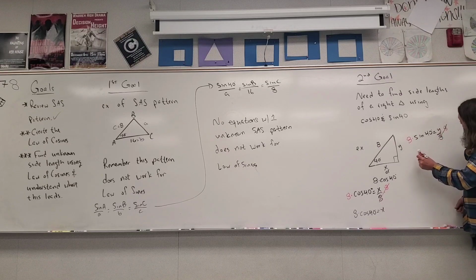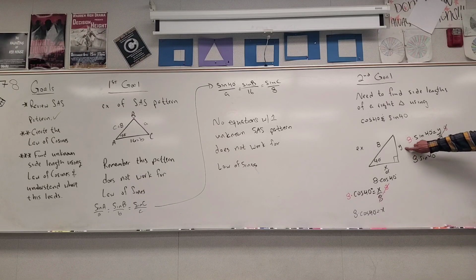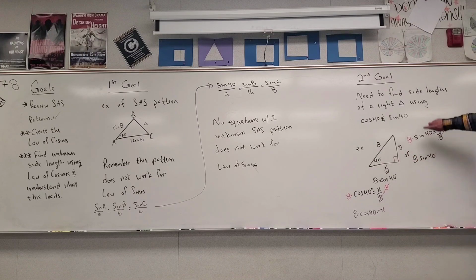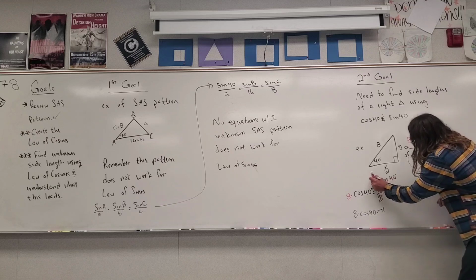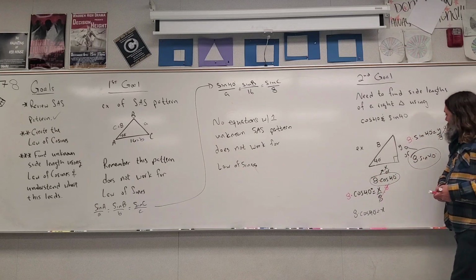Those cancel, and I get 8 times the sine of 40 degrees. That's equal to that length. So I have lengths of a right triangle using cosine of 40 and sine of 40. So this length is my y length, and this length is my x length.